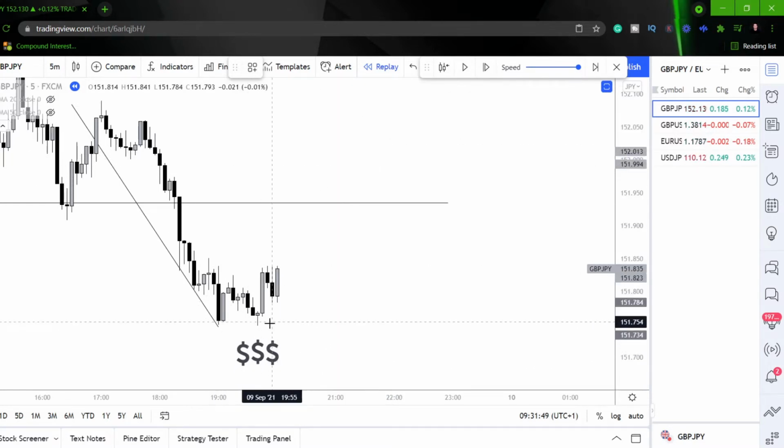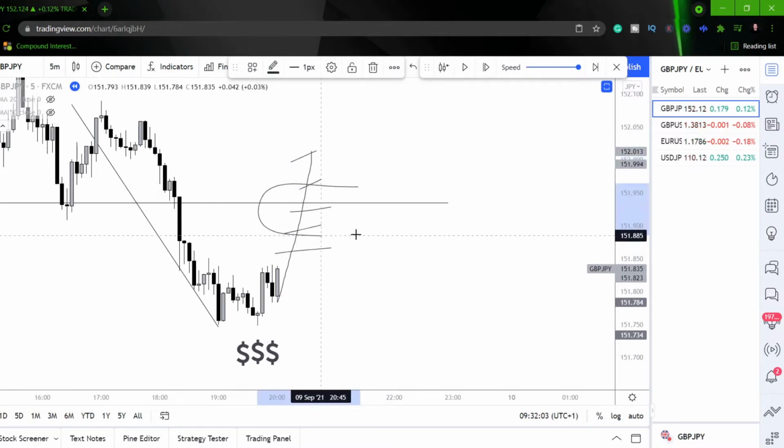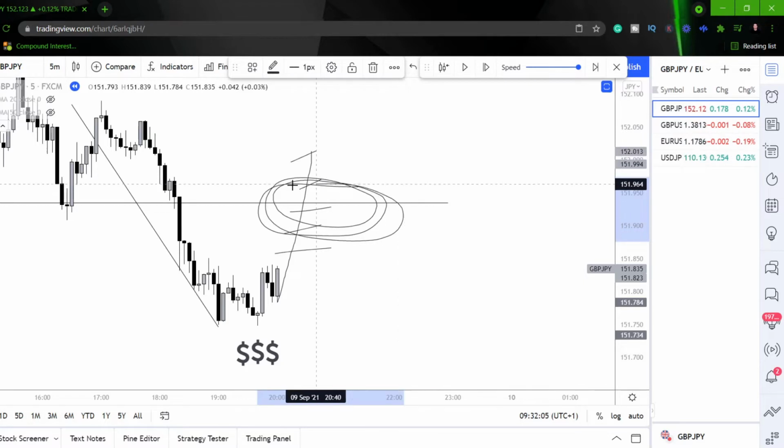If we were just to buy here with the rest of the market, obviously, with such a large amount of capital, we would move the price and be getting filled at a lot of different price points. So our average buy-in would probably start being around here, as opposed to down here. Even though we've started buying in here, we'd move the market so significantly that we'd be getting in at a bad position.